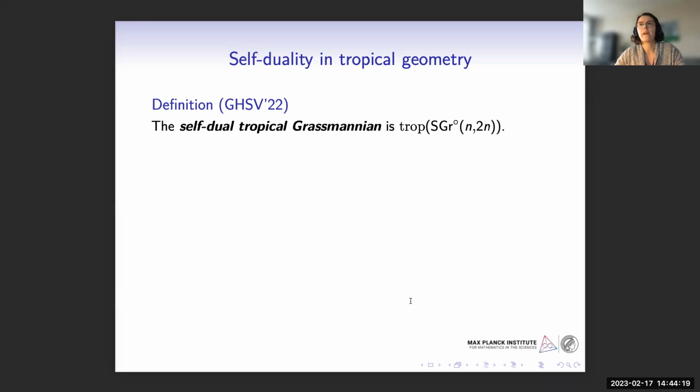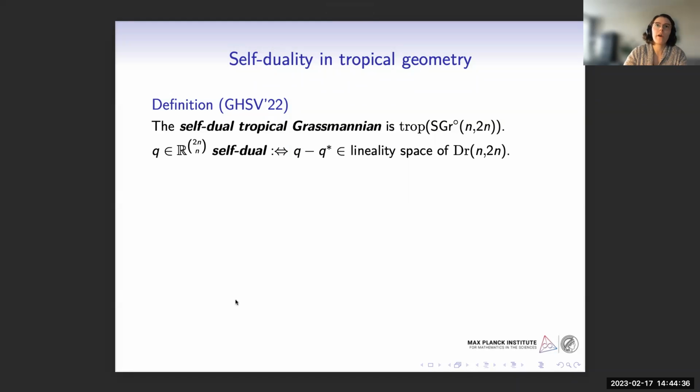But there's also another thing that I can do. We remember we had this condition, P star equals lambda P, for points in the Grassmannian to be self-dual. And what I can do is tropicalize this condition. So let's do that. We pick a point Q in R to the 2n choose n, and say this is self-dual if Q minus Q star lives in the lineality space of the Dressian. The lineality space of the Dressian is the same as the lineality space of the tropical Grassmannian, sorry.